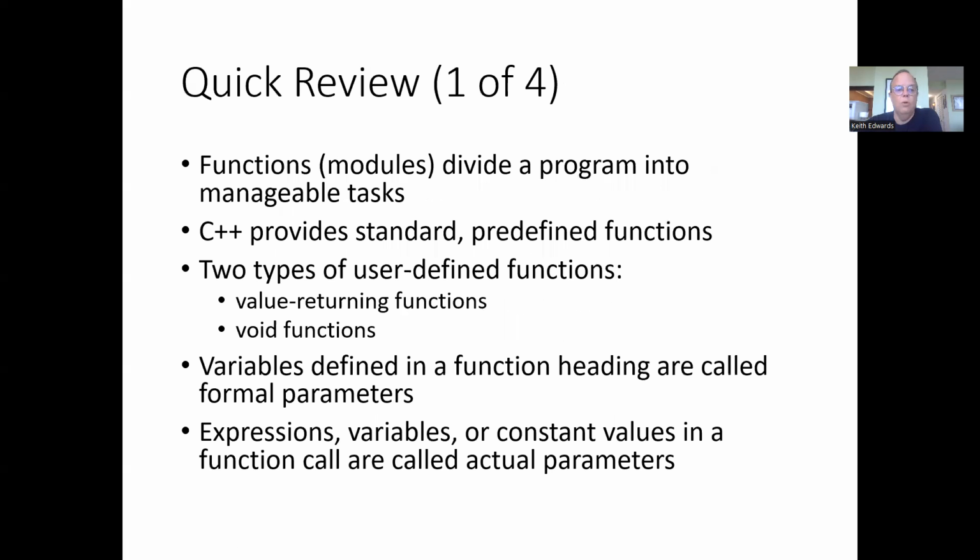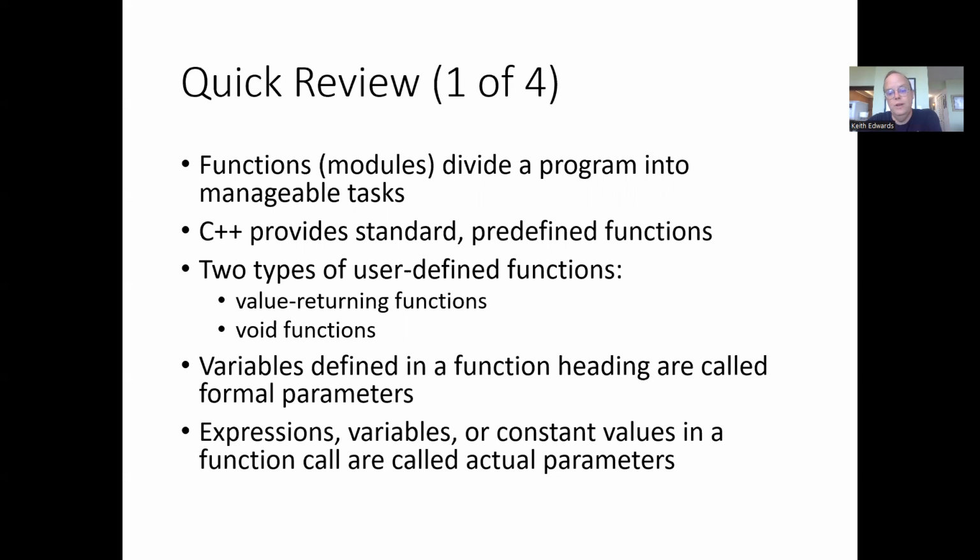So for functions, basically these help us divide the program into manageable subtasks. We have the predefined functions that you get in different libraries in C++, and then we can write user-defined functions to do customized things that we want to do. We have the traditional value returning functions, and then we have procedures that are characterized as void functions.